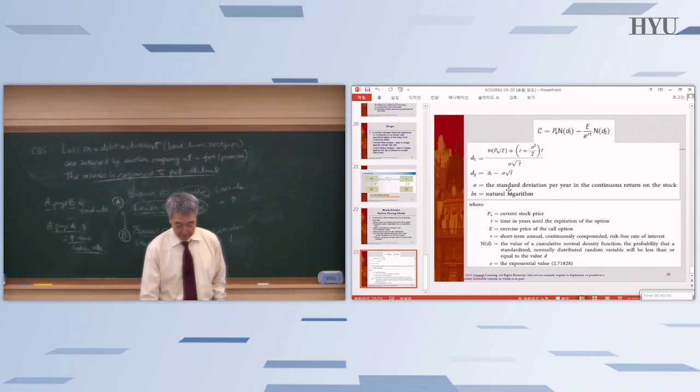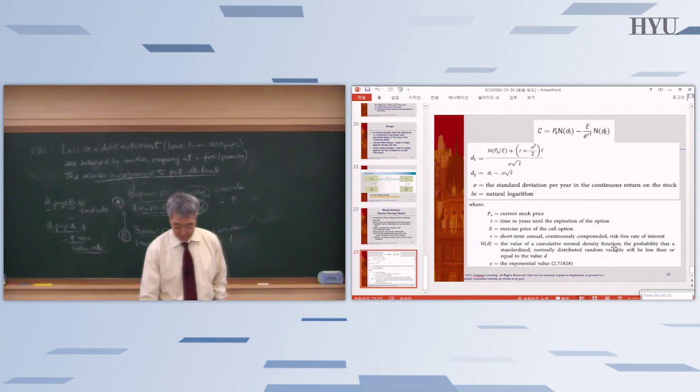And what is N here? N is the value of a cumulative normal density function. The normal density function itself is quite complicated.